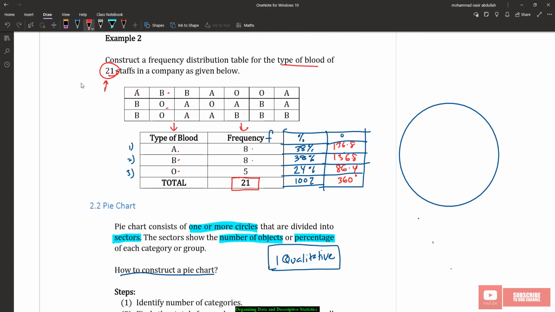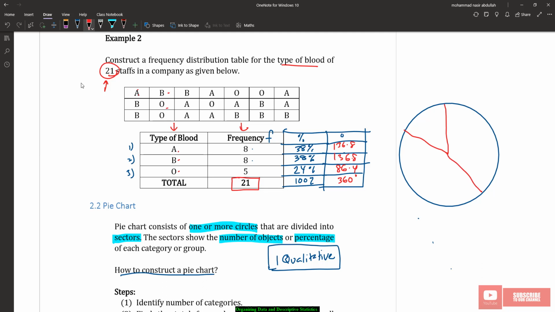Can everyone understand? This is very simple, right? And then for a pie chart, we need to find our locus, the center point, and then start from 12 o'clock. 136 degree, I think somewhere here, and then somewhere here.